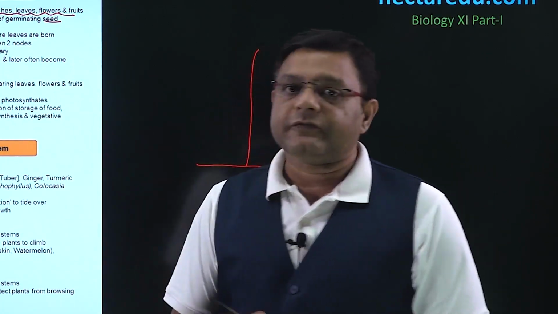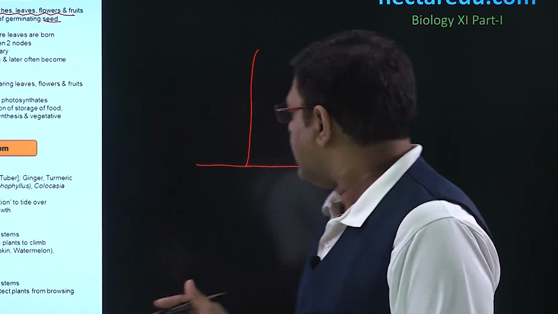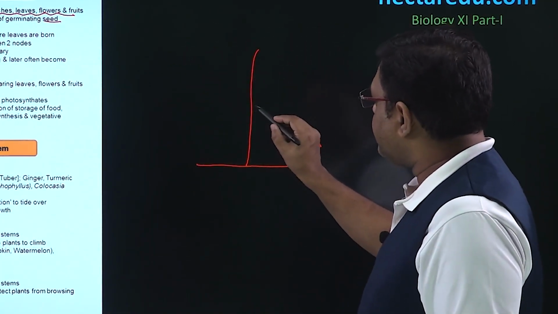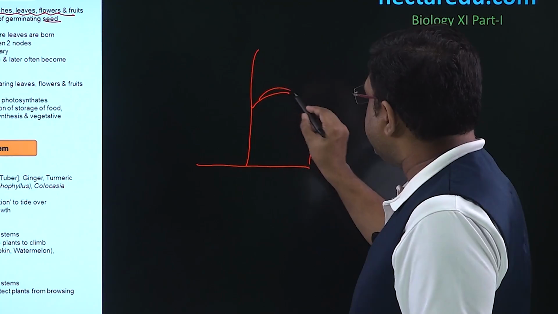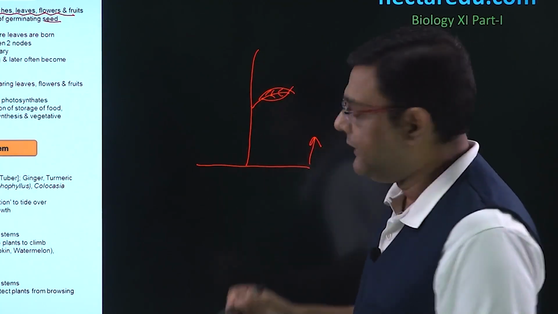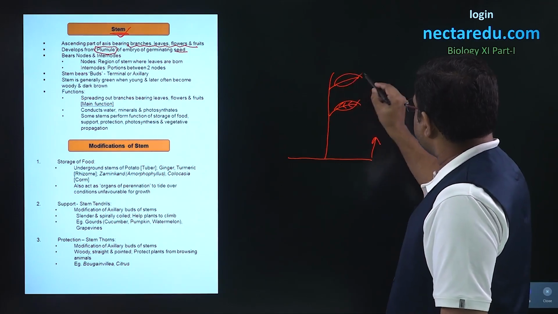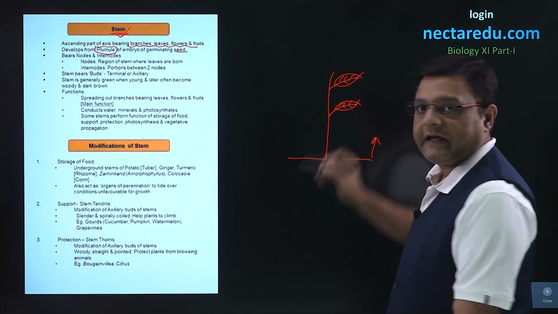Now, in the case of stem, there will be nodes and internodes. In this stem, the point from where a leaf will arise, let us say this is one leaf that has arisen, and this is the other leaf that has arisen.